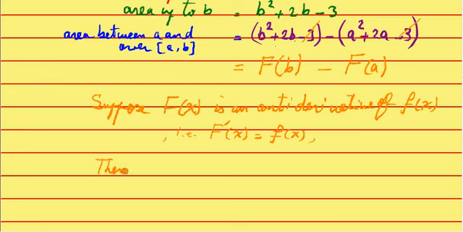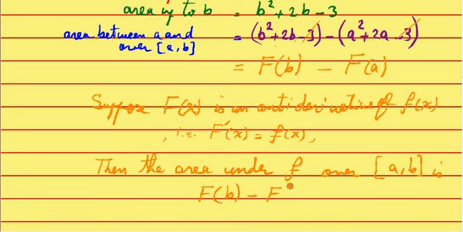Then the area under f, that is little f, which is going to play the role of the roof, over the interval from a to b is F of b minus F of a.